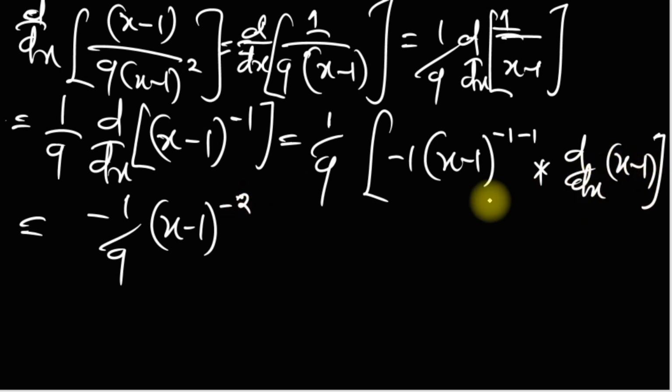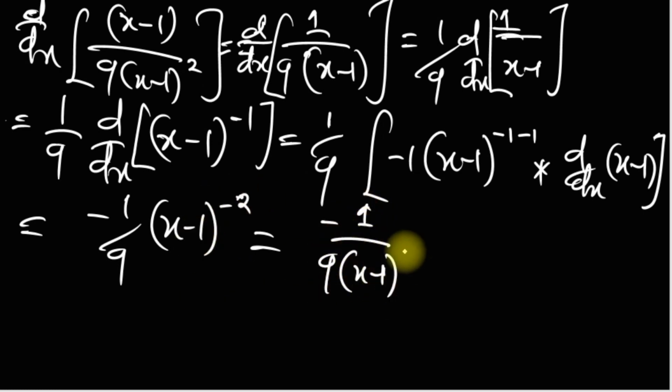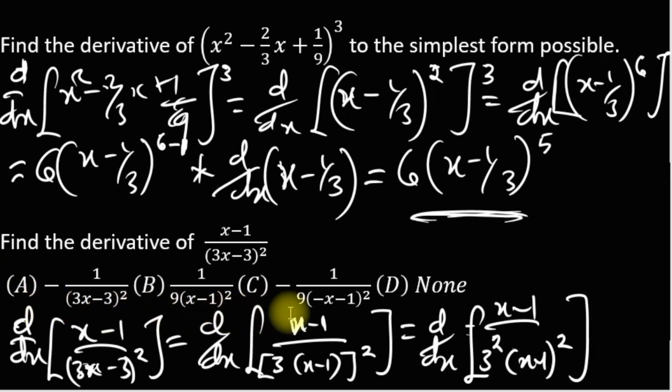This times 1. So the answer is minus 1 over, you can bring this down, 9 times x minus 1 raised to power 2. So that's our answer. From what we are seeing, the option should be A. The answer is A.